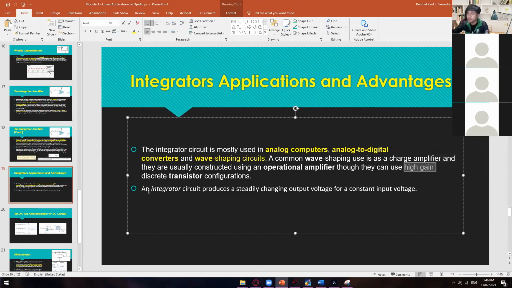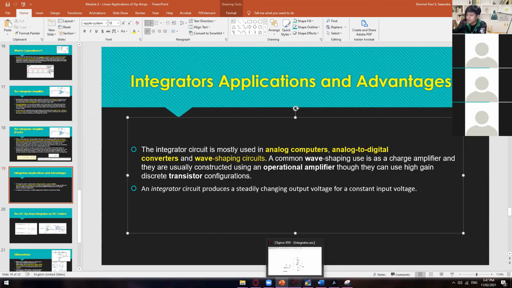Another one is that an integrator circuit produces a steadily changing output voltage for a constant input voltage. If you have a changing output voltage, you can use the integrator to stabilize your output. So you can see that an integrator is also a stabilizer.